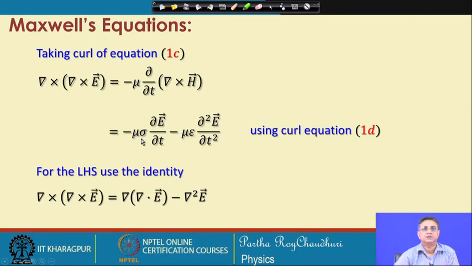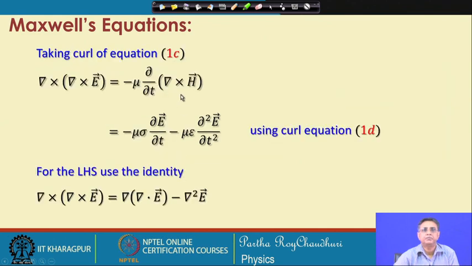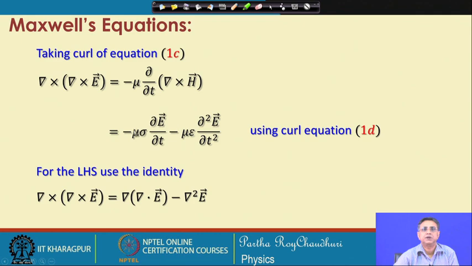This will give you del cross del cross E, and del by del t of the del cross H. Because time and space derivatives are independent, we can put it in this form, and because del cross H is also known to us from here, we just substitute the value of del cross H. So, we end up with an equation which is the curl equation from 1.